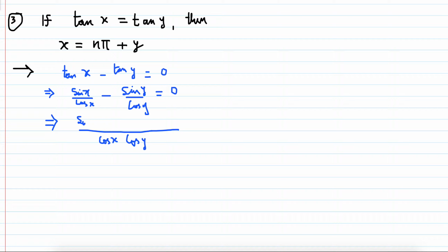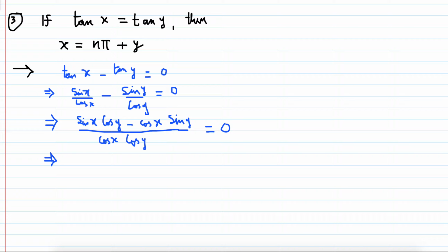The first term becomes sin x cos y minus cos x sin y. This is equal to 0. So we will take this cos x cos y to the right hand side. Then that will become 0.